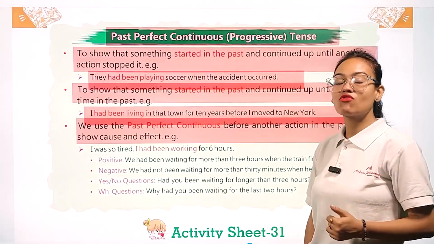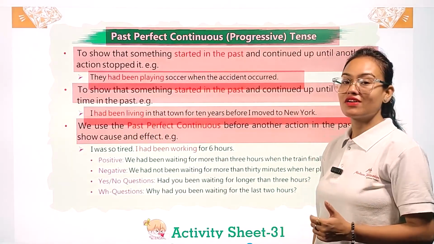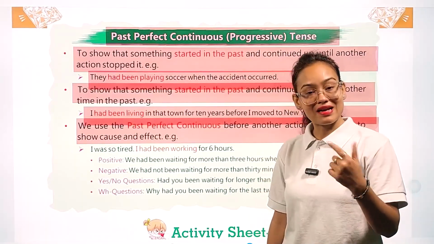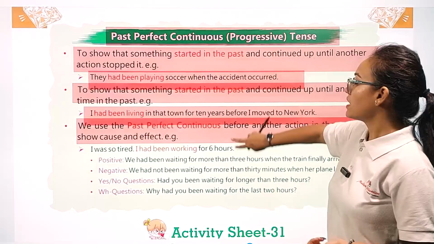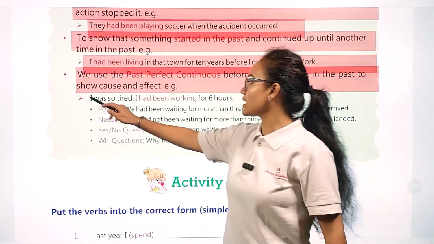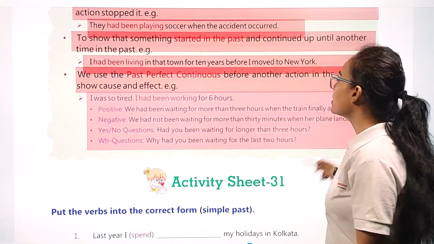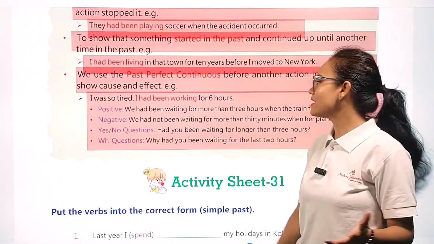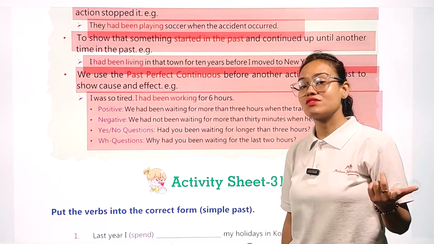Now what is the meaning of cause and effect? The meaning of cause and effect is what type of effect one statement is putting on another. Example you can see, I was so tired, I had been working for 6 hours. I was literally so tired and I had been working for 6 hours.